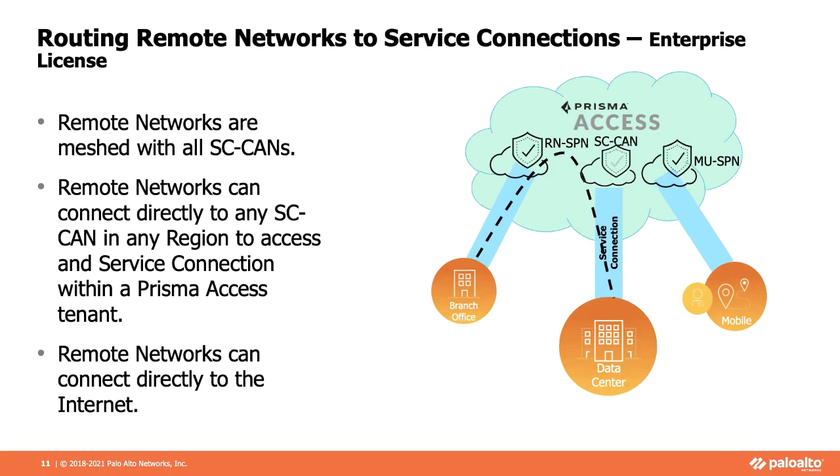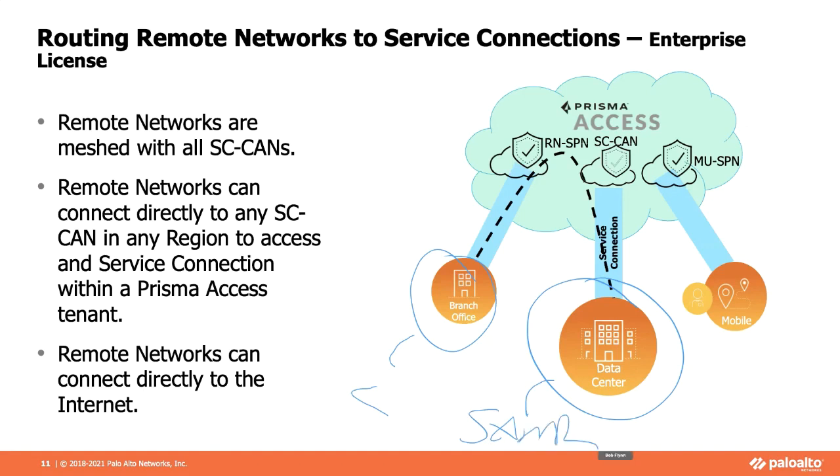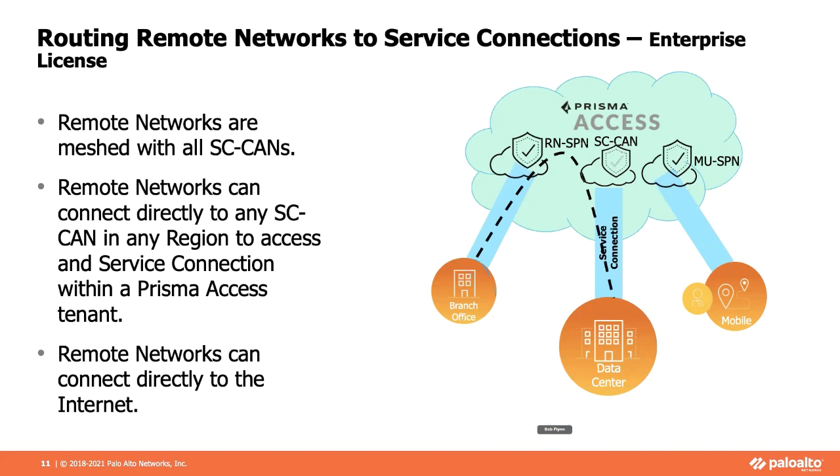This gives you the ability to have services on the ground in a data center that might be needed by branch office users, maybe most likely to authenticate. I've got a user here in a branch office that wants to go out to the internet, and I need to authenticate him using SAML or something. So that would go back to an existing authentication scheme in an existing data center.